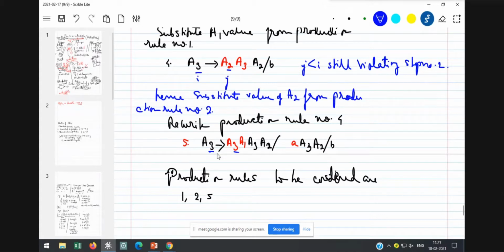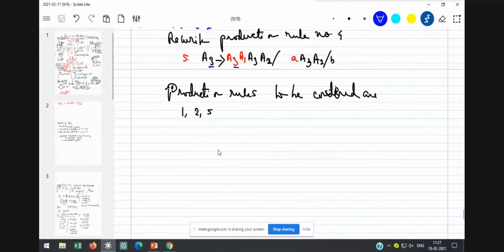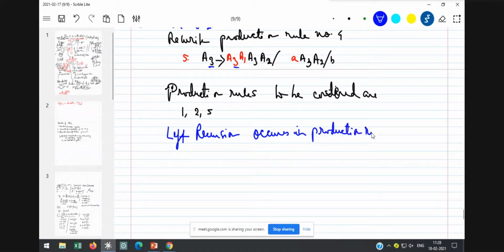Now here comes the problem for left recursion. So now the place where we are facing left recursion: left recursion occurs in production rule number 5.